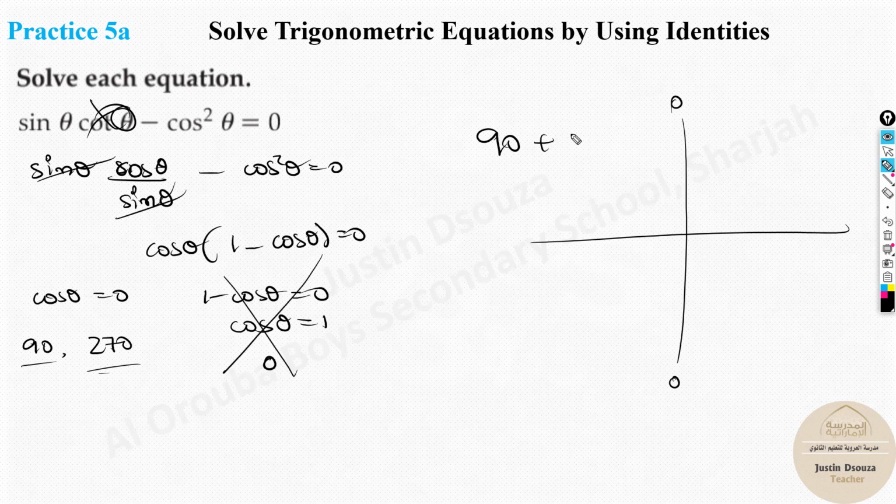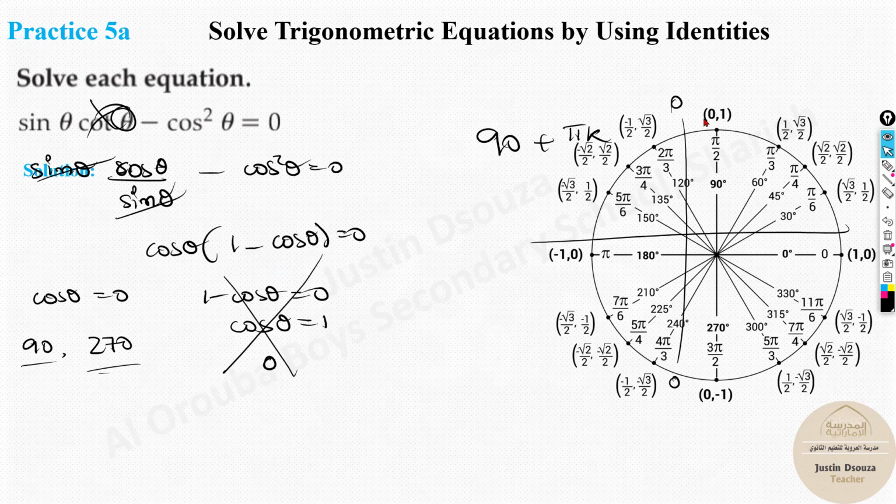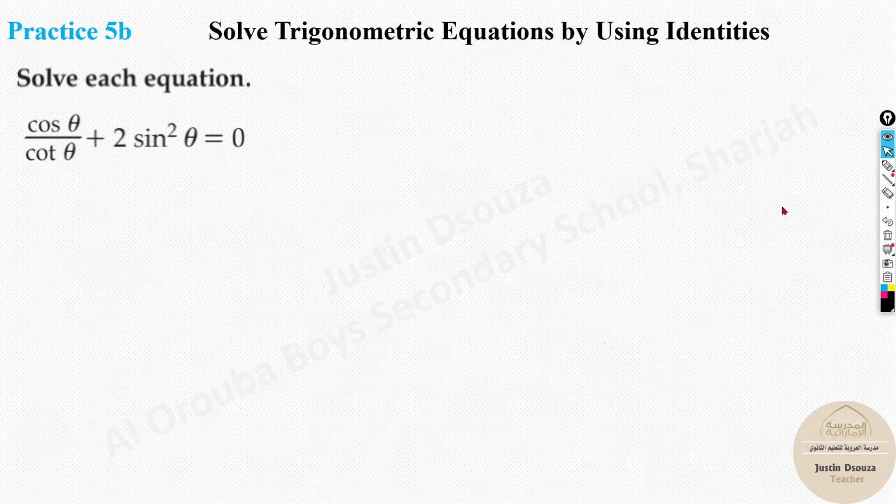So I will write at pi, that is every 180 degrees, k. So that is the answer. You can see over here 0 and 0. Whereas this is also true at 1, it's at 0 degrees, but we can't use theta of 0 because it's undefined over there. So the answer is, because it is in degrees, you write pi in degrees, that is 180 degrees into k. That's it. K is just an integer.